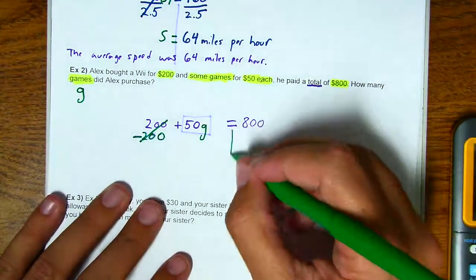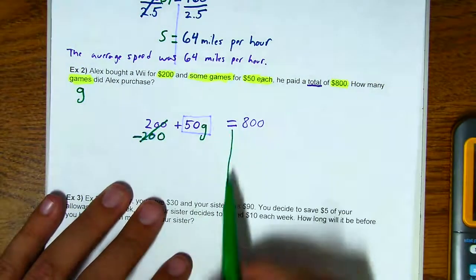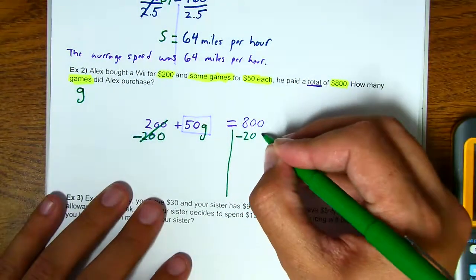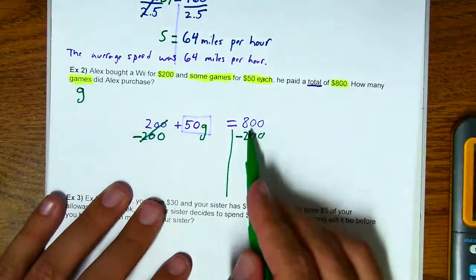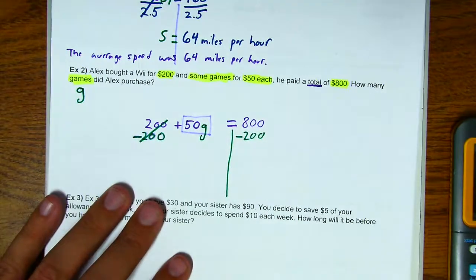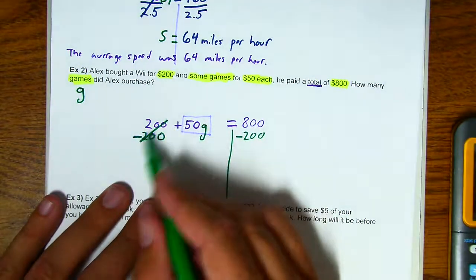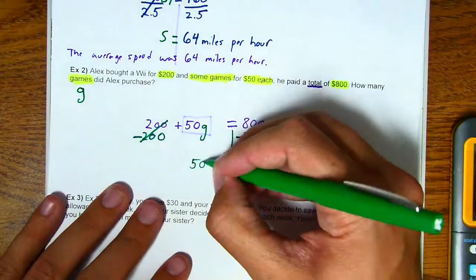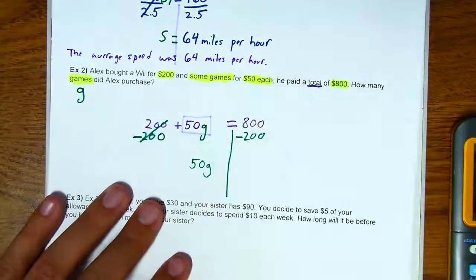And what I do to that side of the equation sign, I'm going to build my line here. I'm going to do to the other side as well. Look at how I lined them up right here. So this is crossed out. This is all gone. I can drop down 50G because I didn't touch 50G yet. I didn't do anything to the box.